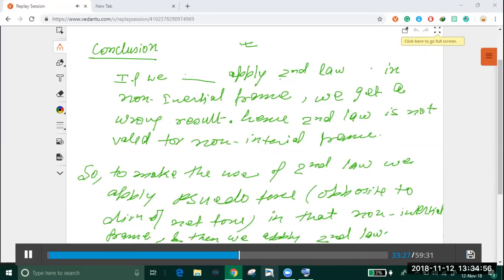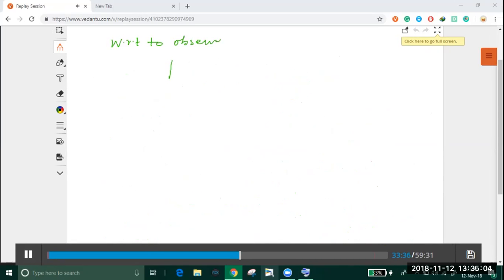Okay. Now we apply the second law with respect to observer B. How can I write it? For the block, the normal force is upward, plus the pseudo force is also upward. The mg is downward.